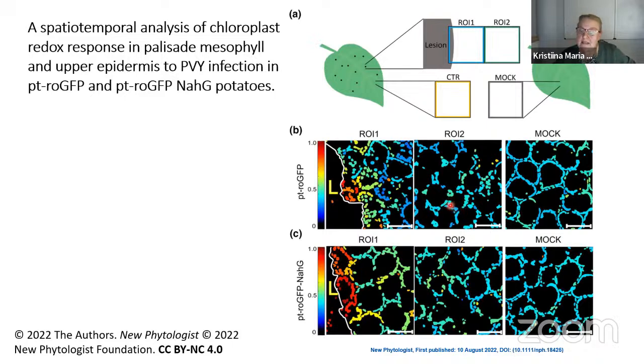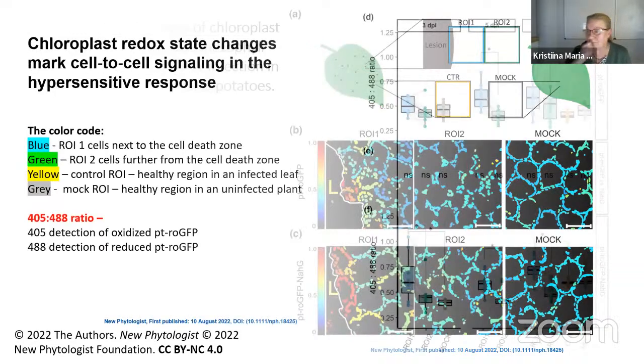Then if this region that is a little bit further away from this cell death region is looked at, we see that there are also some oxidized chloroplasts in these cells, but much less than here in the cell death region. And in the mock, there is of course the normal state.